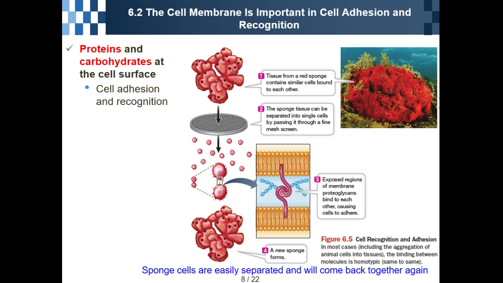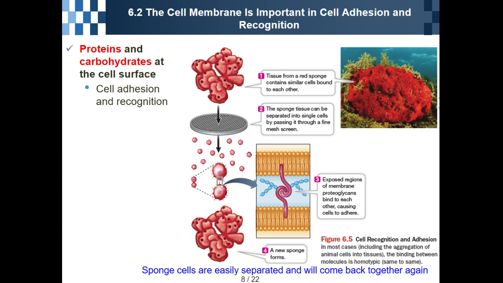We call these glycoprotein or glycolipid. So the protein and carbohydrate at the cell surface recognize each other. So they bind here like this, and they will make the same structures. Each cell recognizes, each cell recognizes, each cell recognizes, like this.